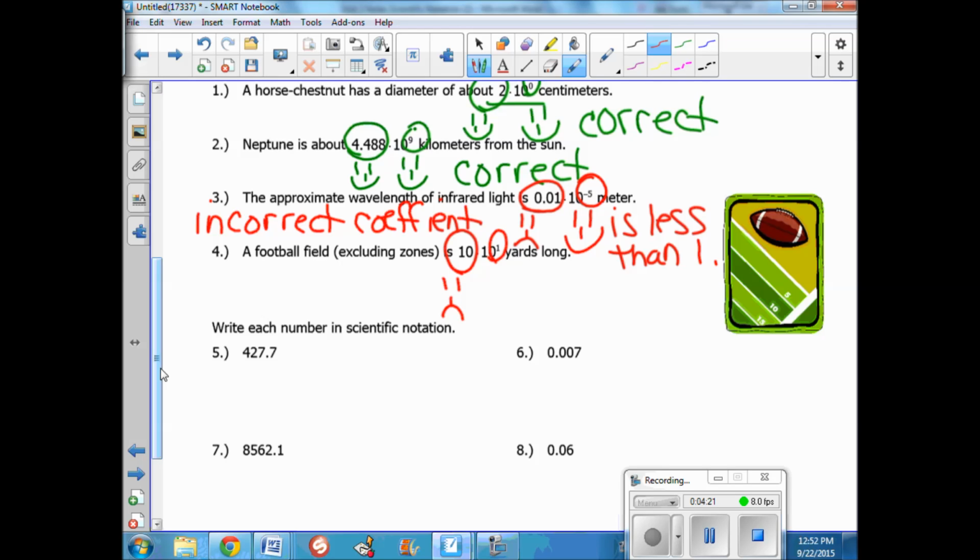Is 1 an integer? That's true. Okay, so it is incorrect because we have to fulfill both situations. So it's incorrect, again, because the coefficient, I'm going to abbreviate the word coefficient, is equal to 10, and we can't have that.